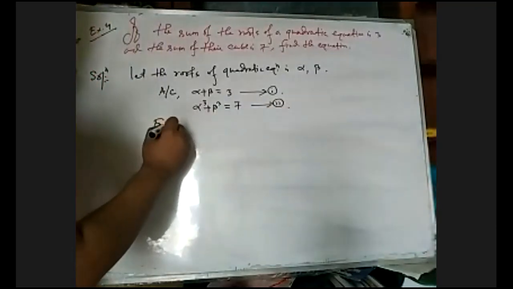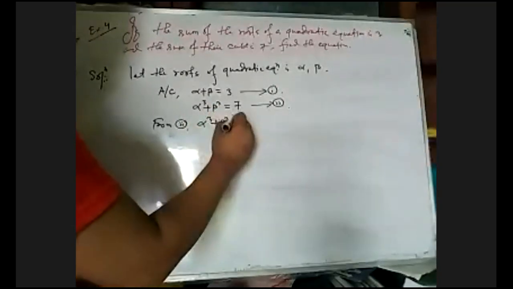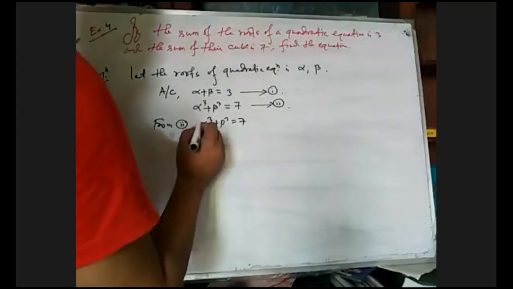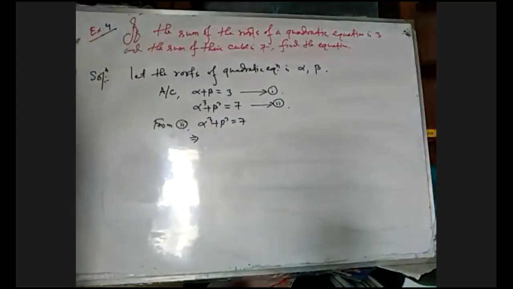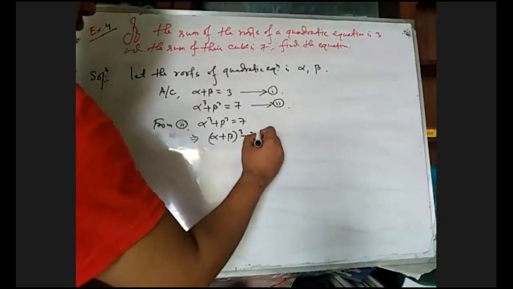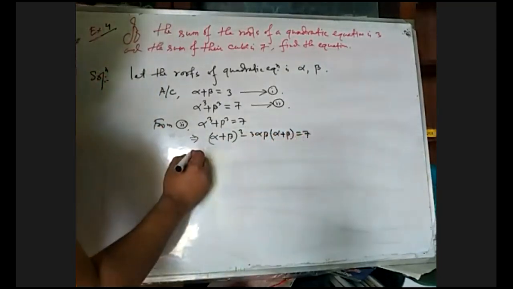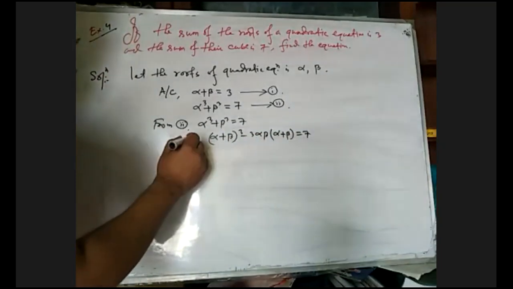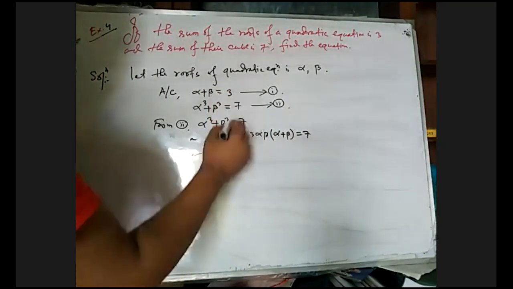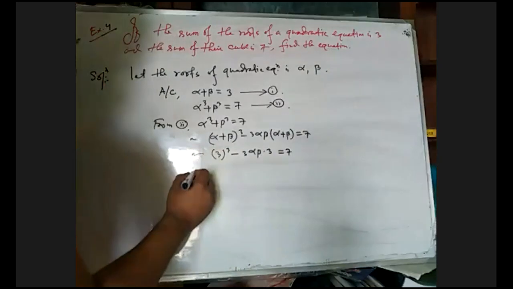Now from equation number 2, alpha cube plus beta cube equals 7. But a cube plus b cube formula, do you know? (alpha plus beta) whole cube minus thrice alpha beta into (alpha plus beta) equals 7. Or alpha plus beta, from equation 1, 3 cube minus 3 into alpha beta into 3 equals 7.